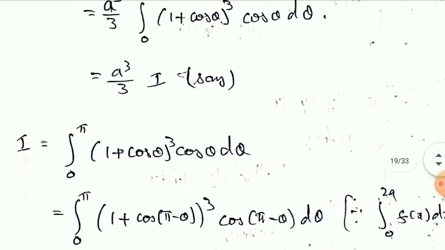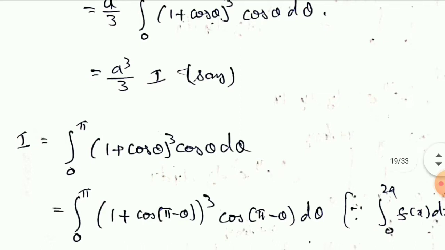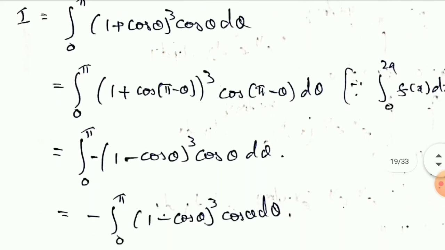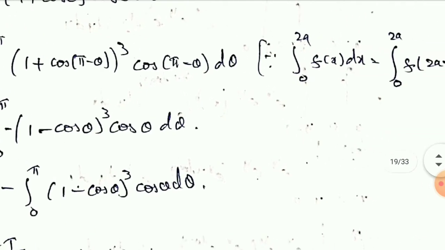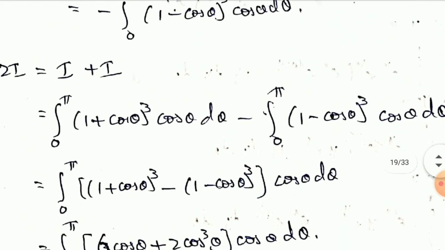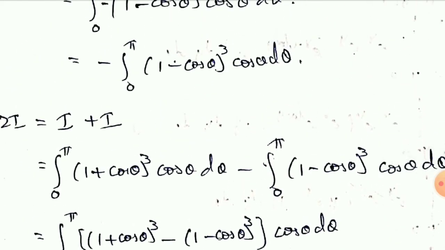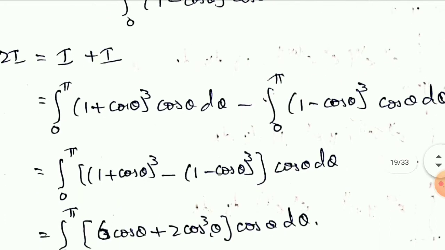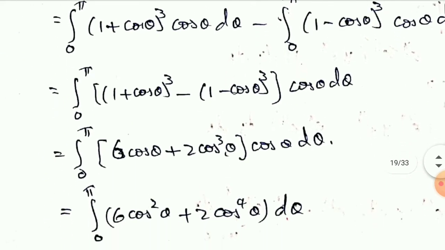It looks like a plus b whole cube, which is a cube plus 3a square b plus 3ab square plus b cube, and multiplying with cos theta you get terms in cosine only. There you use the formula for cos cube theta, and the next is cos power 4, which you can also write as cos square whole square. Using that principle, make the simplification.